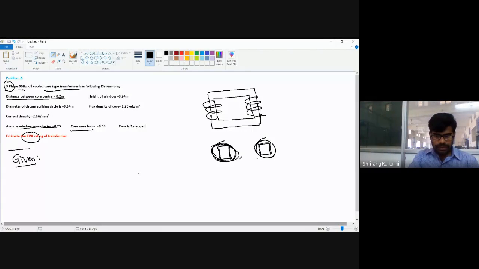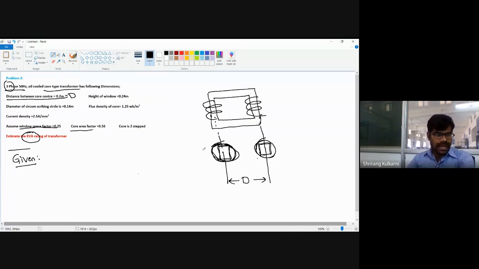The distance between these two cores' centers is capital D. The distance between the core centers is given as 0.2 meter. Means they have given the capital D.